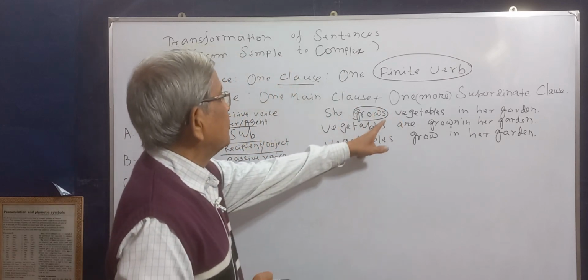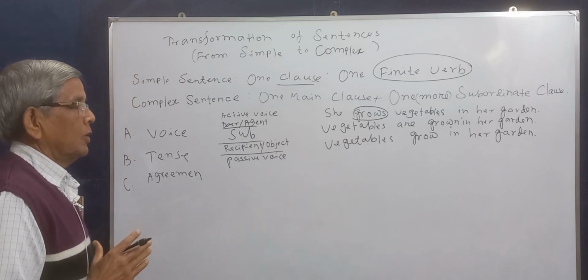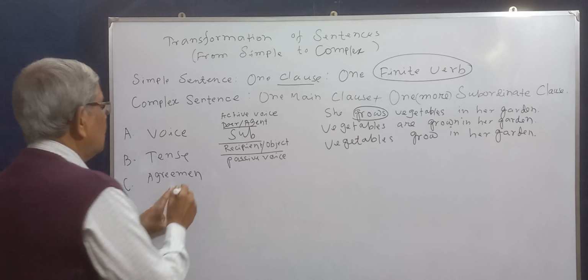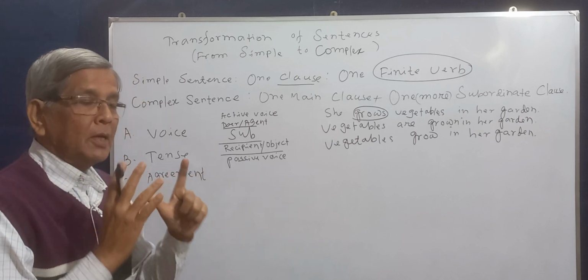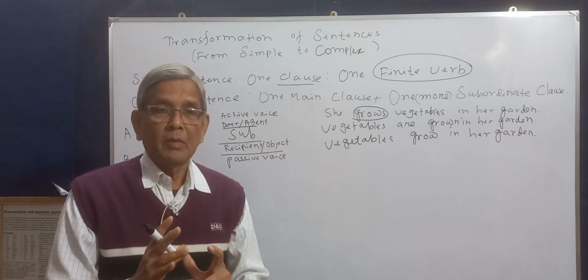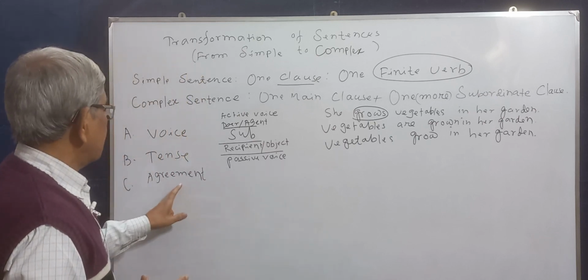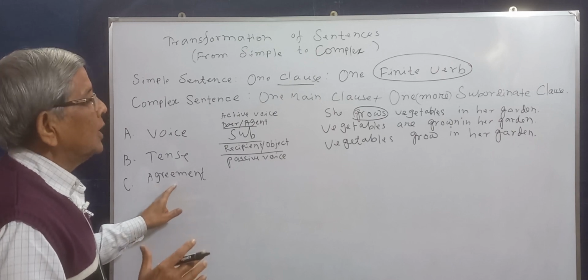We have added s to the verb because our subject is third person singular number and the tense is present simple. So according to the basic rule of agreement, the finite verb of the sentence or of the clause must follow the person and the number of the subject, and that is called agreement.